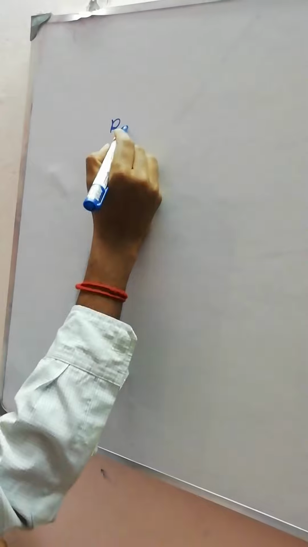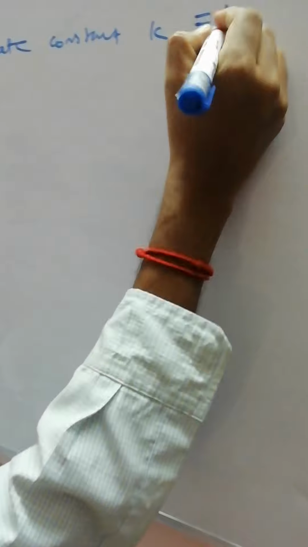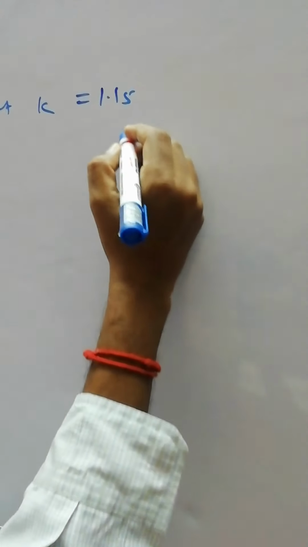Next problem. The rate constant K is equal to 1.15 into 10 to the power minus 3 second inverse.